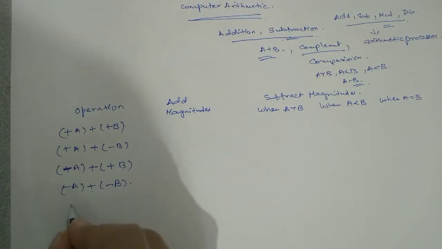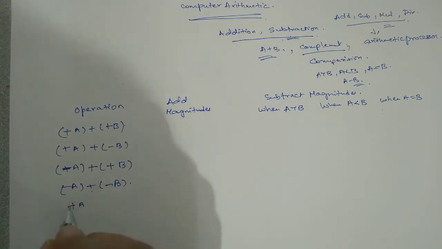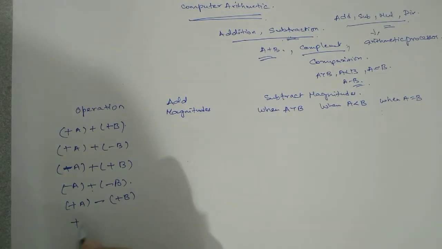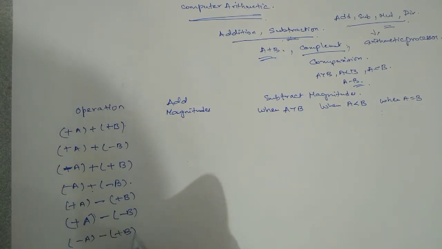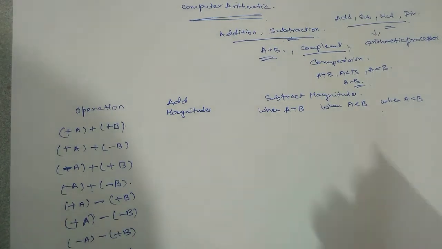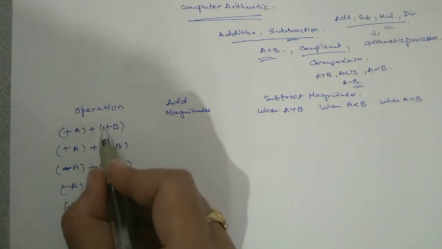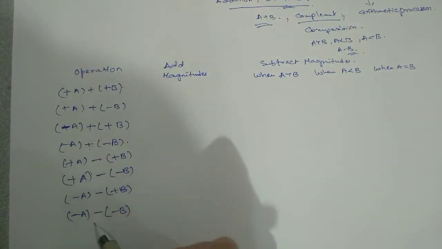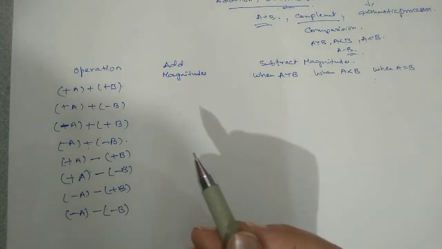And coming to the minus: plus A minus plus B, plus A minus B, minus A minus plus B, minus A minus of minus B. So these four are for plus operations and these four are for minus operations.